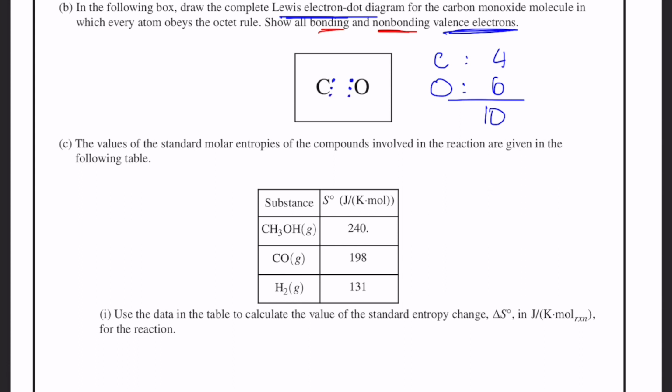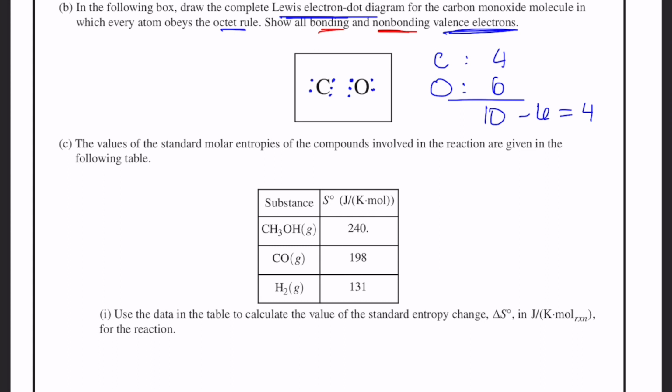So this is a triple bond. Carbon and oxygen cannot share more than this many electrons, otherwise it would not obey the octet rule. Now we have 6 shared electrons, so that gives us 4 left over, which we will just place as lone pairs on either side.